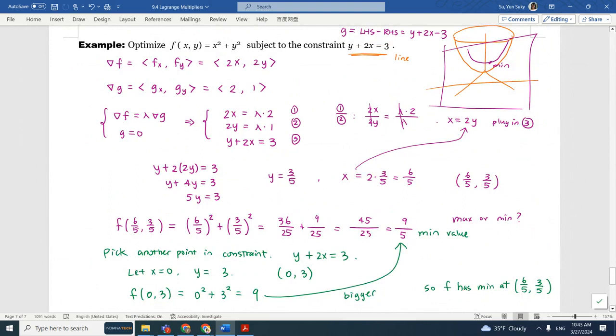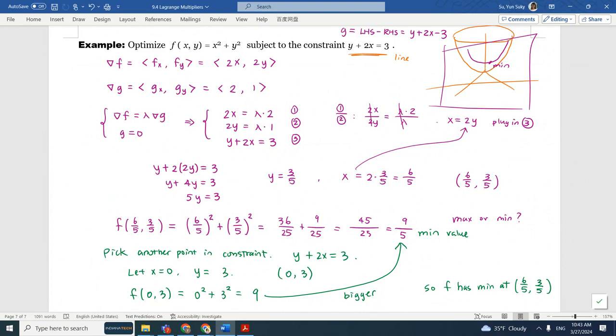This is what you do. If you only get one point, you have no other point to compare. Then you pick another point from the constraint, and usually you take x is 0 or y is 0. That's easier to compute. And then you get a number to compare with this number. This is smaller, so it's a minimum value, and it makes sense with our picture.